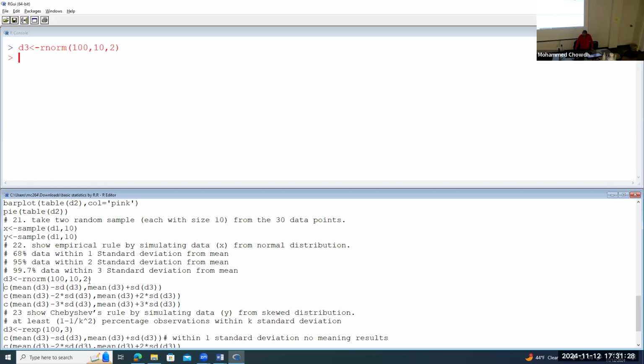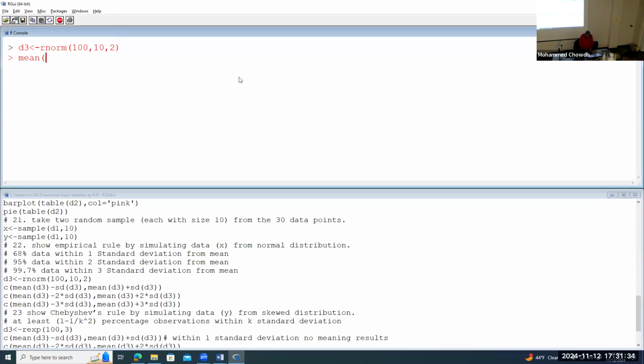Okay. So take a look at that. After generating this, I want to find the mean of D3, which is approximately 10. Now, if I want to find the standard deviation, it is 1.86, close to 2, right?